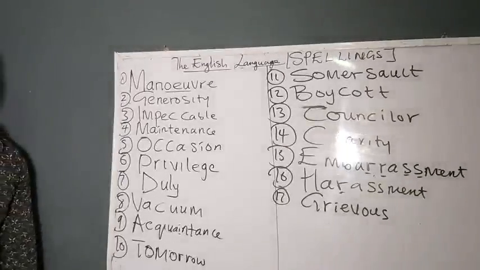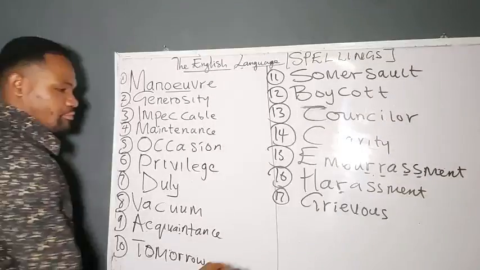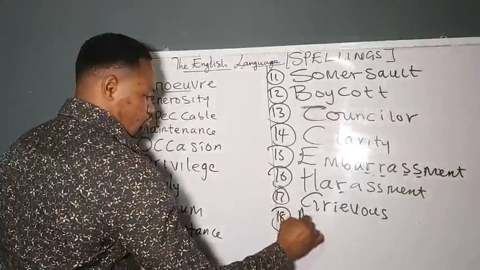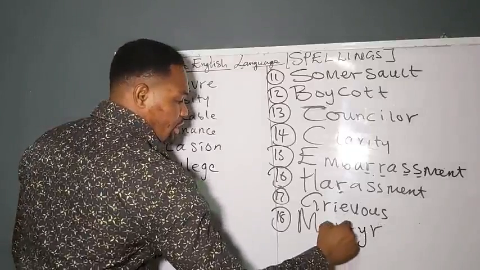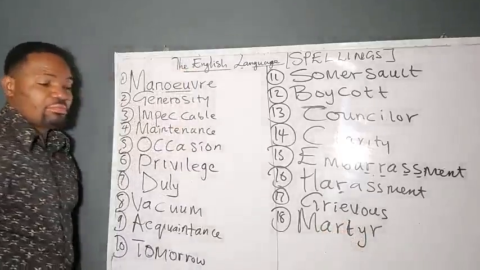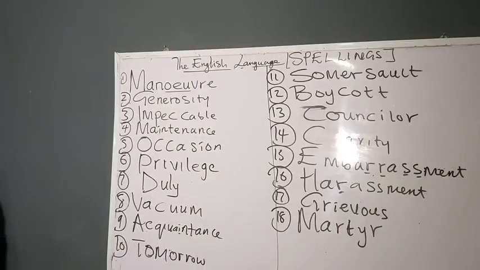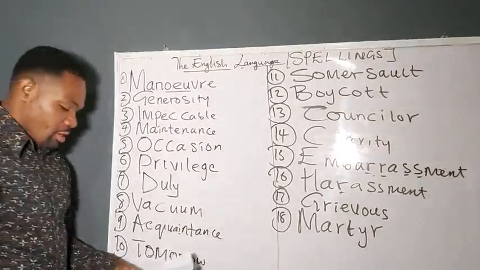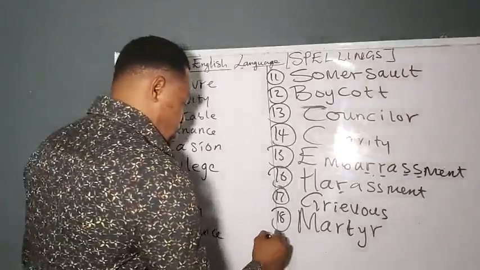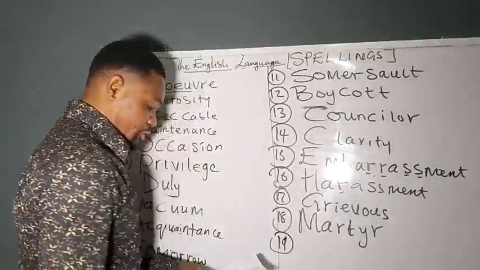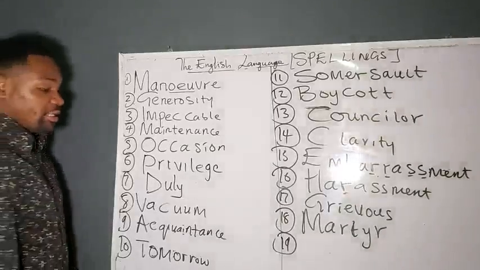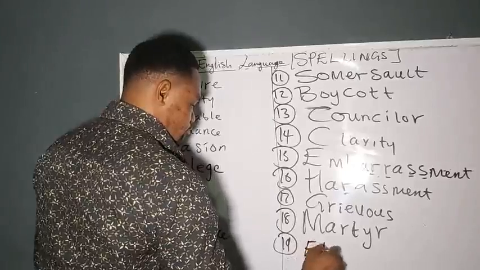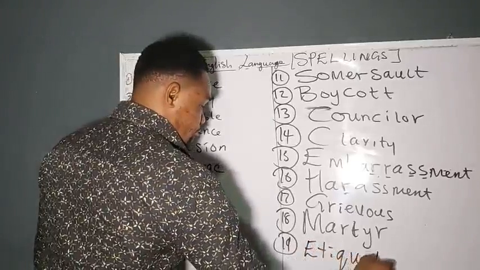Then we're going to look at the word matter, like what some people call matter, not the other way. Okay, so we'll see another one in there. What is etiquette? Etiquette. Double T.